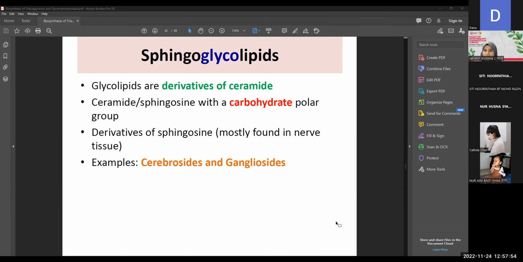For example, ceramide with a carbohydrate polar group, we can synthesize either cerebrosides or gangliosides. Are you familiar with cerebrosides and gangliosides? Where do you usually see them? The brain. Usually on TV, in what advertisement? Milk, milk for newborn babies, for kids. Cerebrosides and also gangliosides.